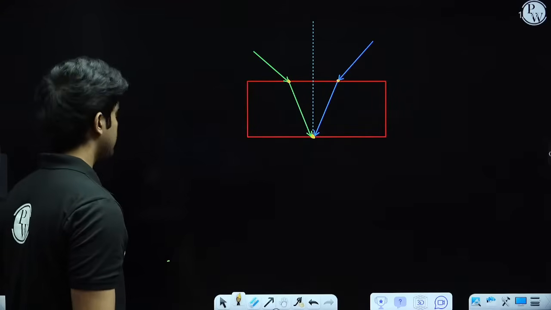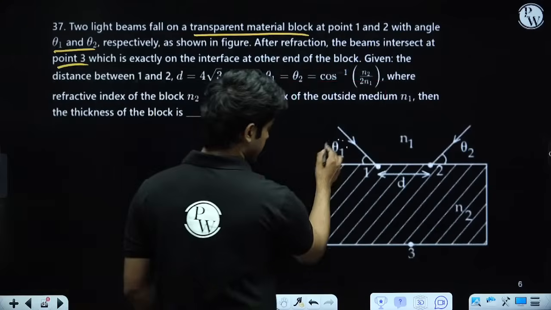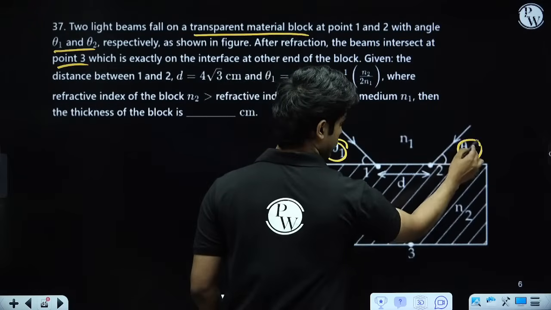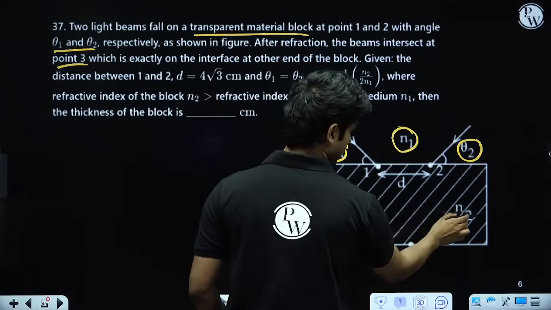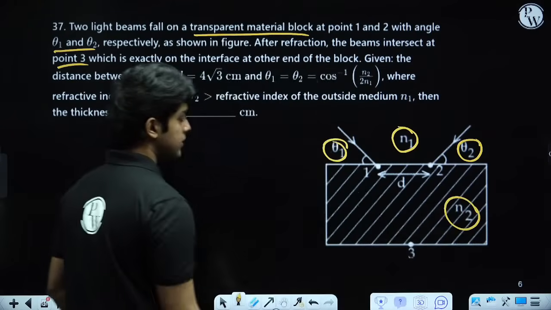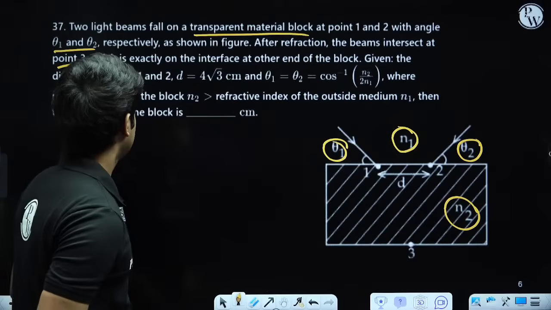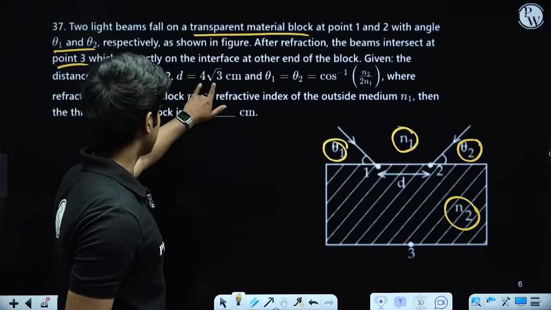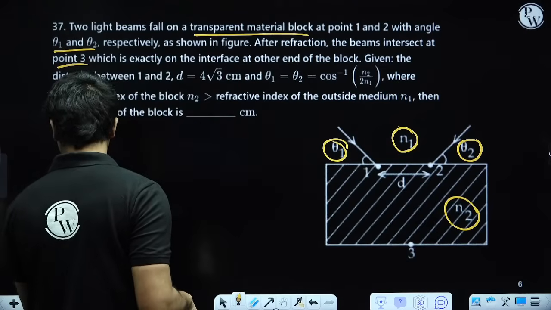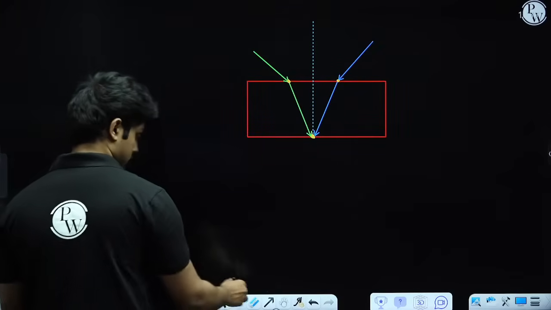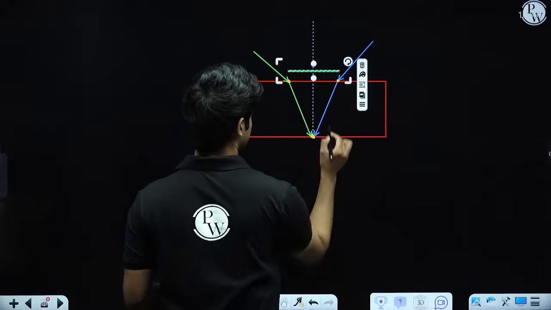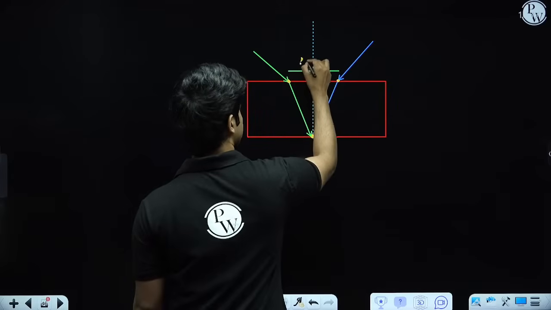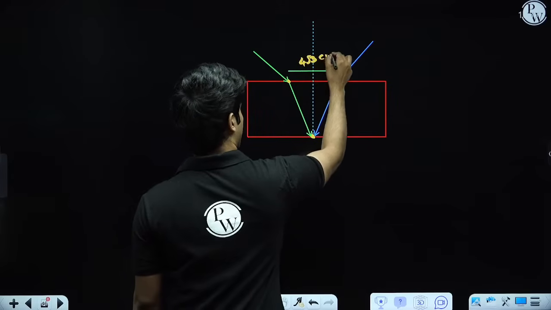Now they have given this angle theta 1, it makes with the horizontal, and theta 2, which the other one makes with the horizontal. This refractive index is n1 and the glass slab refractive index is n2. Distance d is also given, 4 root 3 centimeters.